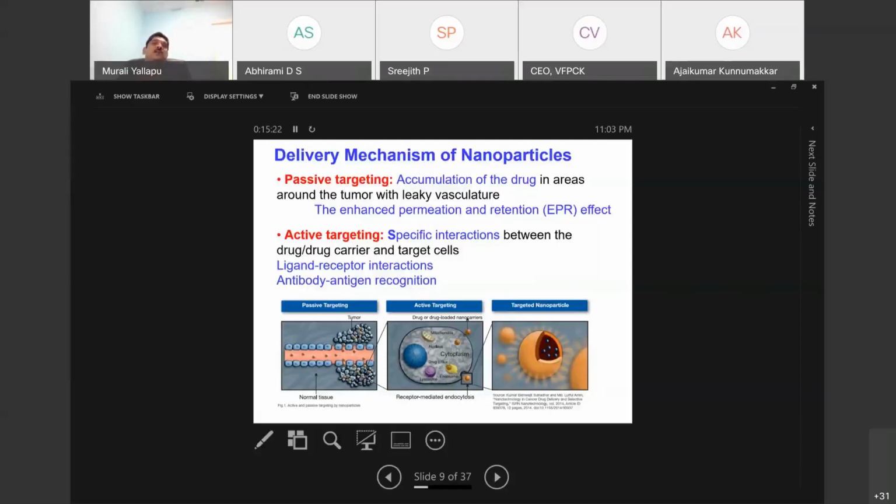If you know that tumor cells are expressing some kind of proteins, maybe you can deliver nanoparticles against those proteins so that they effectively go to the tumors and bind specifically through ligand receptor mediated binding or maybe antibody antigen binding methods.